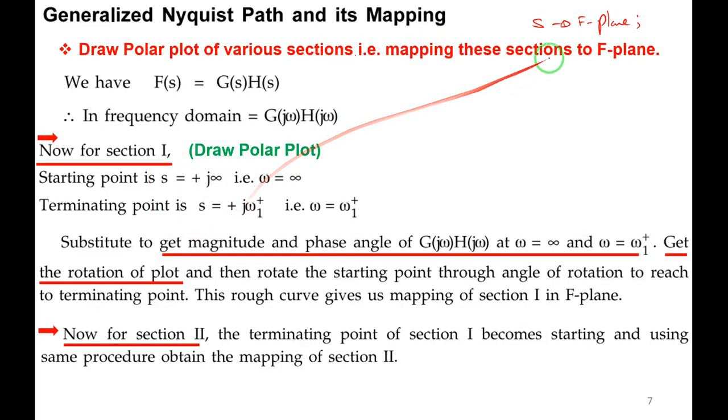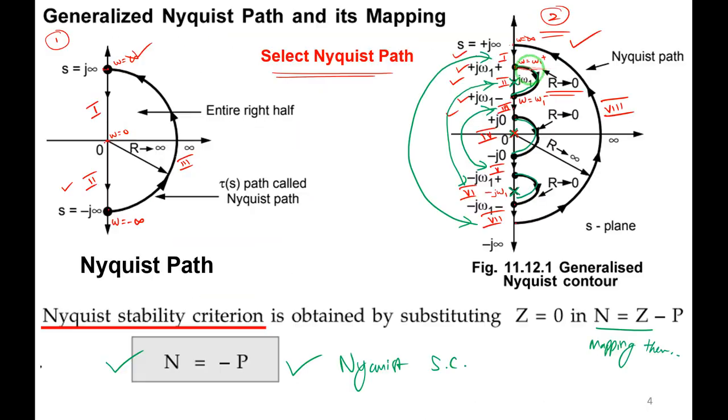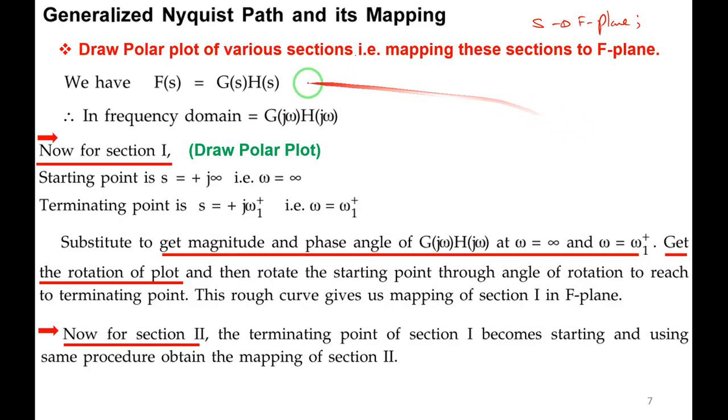You can observe: 1, 2, 3, 4, 5, 6, 7, 8, 8 sections are there. Draw the polar plot for all the 8 sections with respect to that Nyquist path. Drawing the polar plot is as good as mapping these sections to the F-plane.